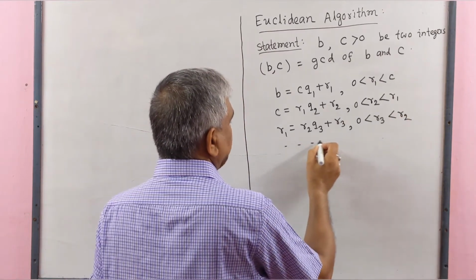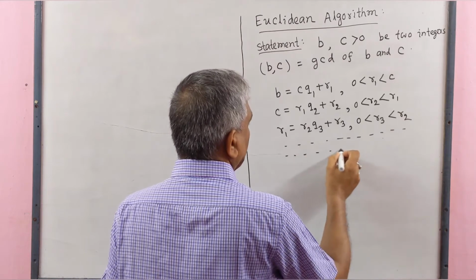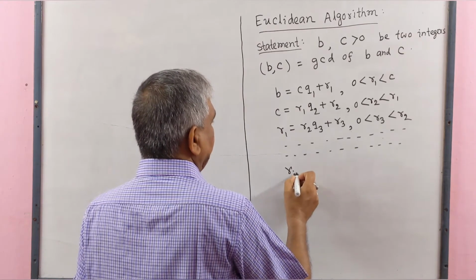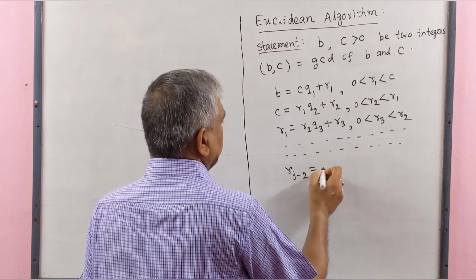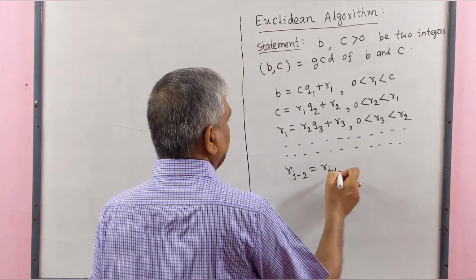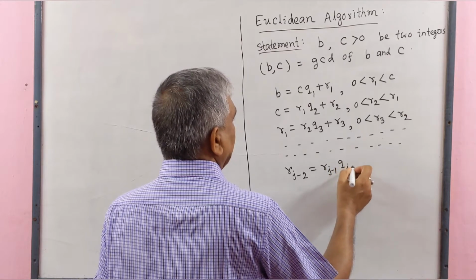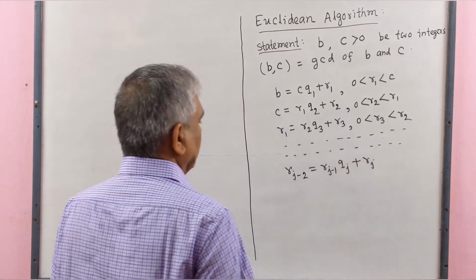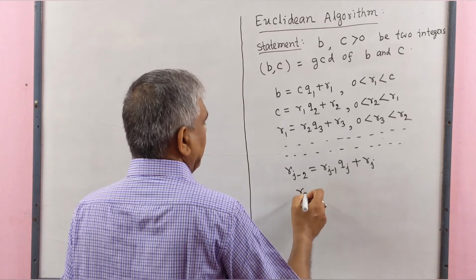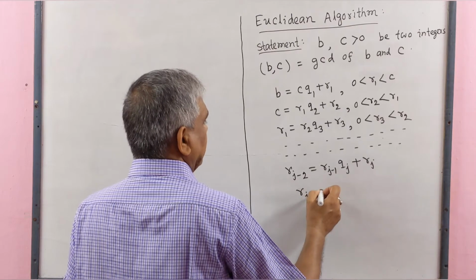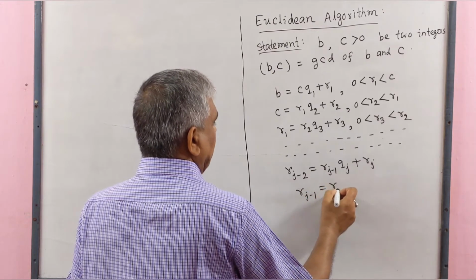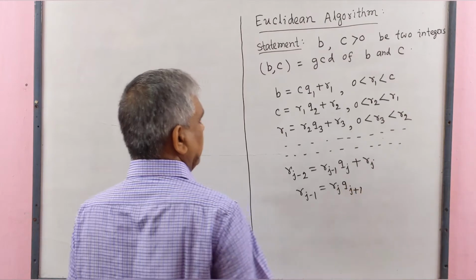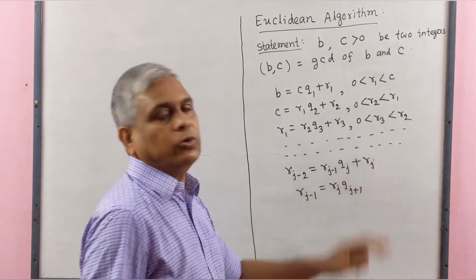And we proceed this process. We get R j minus 2 equals R j minus 1 Qj plus Rj, and R j minus 1 equals Rj Q j plus 1, and the remainder is 0.